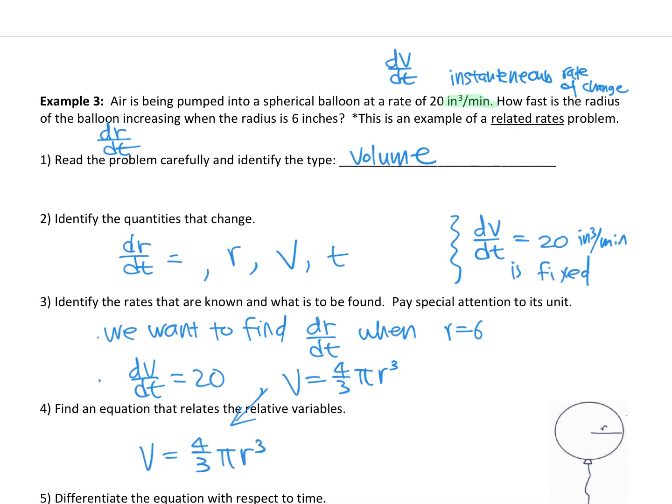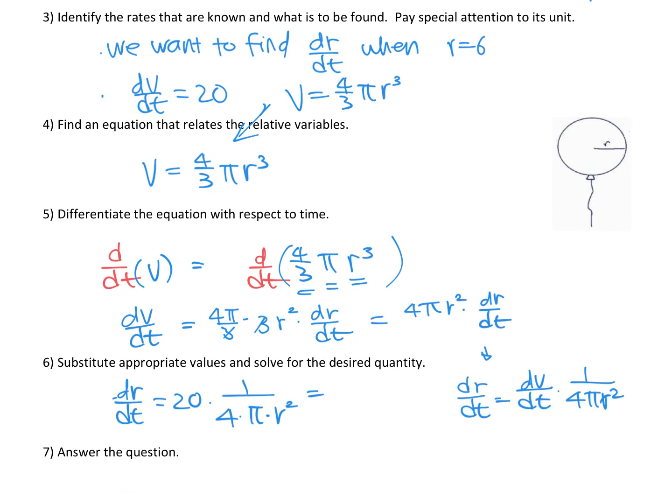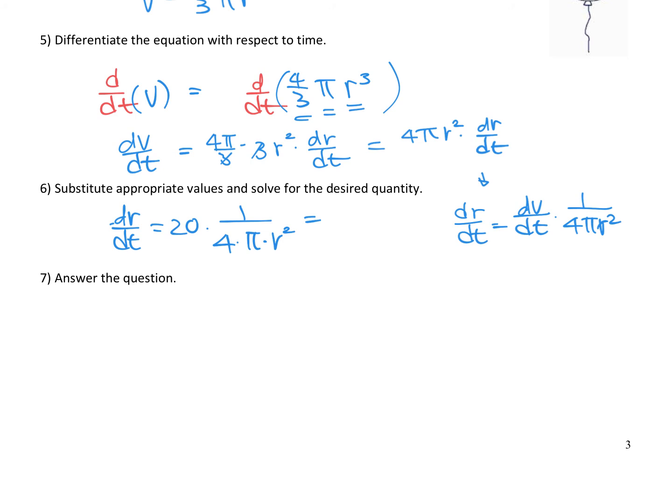Because it says specifically, radius is 6 inches. So let me go down here. So I can do 20 over 4 pi 6 squared. So 36, so that's just 5. So 5 over pi times 36. If you calculate that out, you're going to get 0.1768.